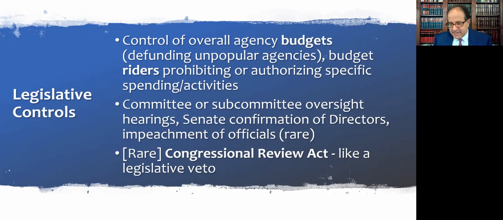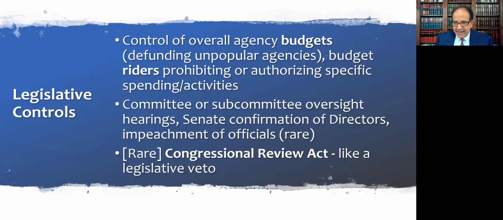Also keep in mind that the Constitution gives the Senate the right or the duty to confirm presidential appointees of directors. Now, the vast majority of these are perfunctory, again, and get no media attention. Most of the Senate confirmation hearings you will ever hear about are for Supreme Court justices, not for agency officials.